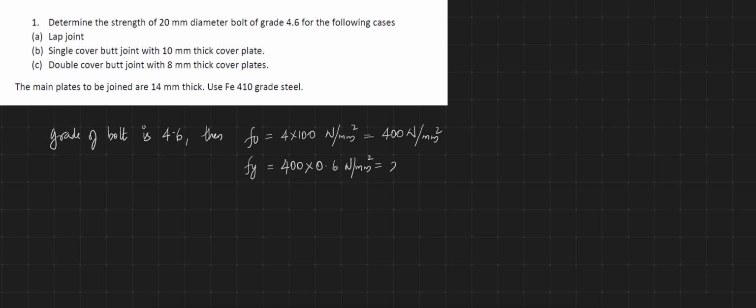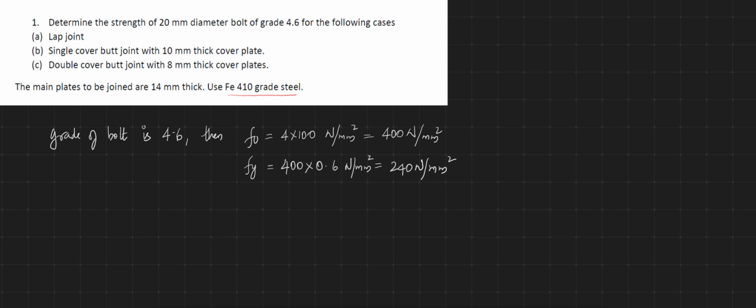So if the grade of the bolt is given as 4.6, the ultimate strength is 4 into 100 Newton per mm square, and yield is 400 into 0.6 Newton per mm square. If it is 4.8, then the ultimate is 400 Newton per mm square, and Fy is 400 into 0.8. It goes like that.